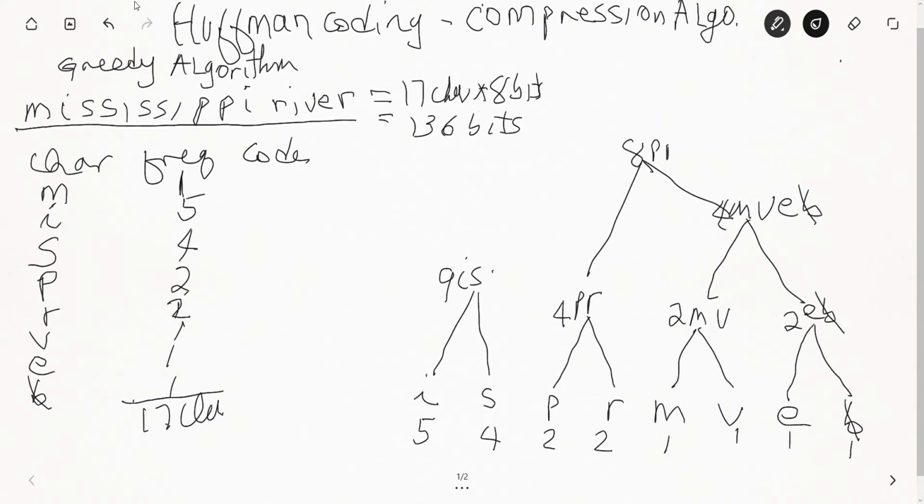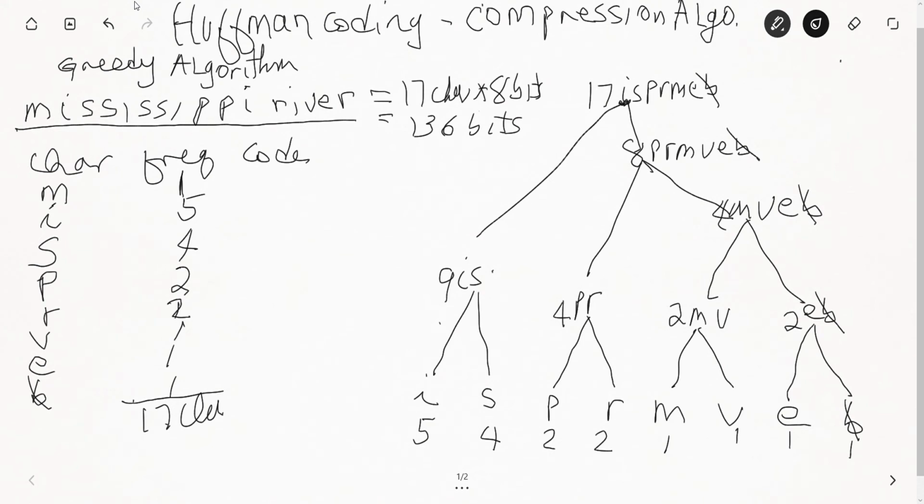That's P, R, M, V, E, blank. And finally, I can combine this. So that's my root. So this becomes 17: I, S, P, R, M, V, E, blank. So you see that? This is my Huffman tree. And that's the root.